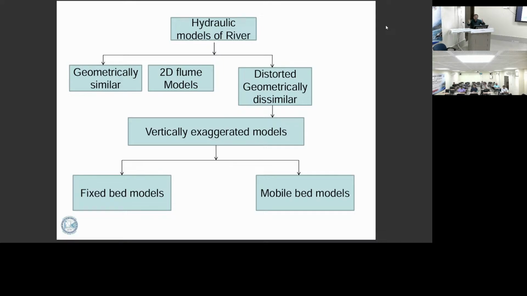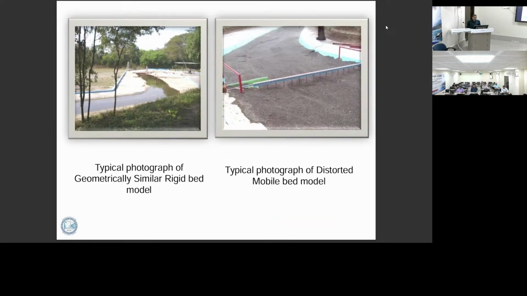And you place a pier or the base of a barrage and study a single point there, not holistically throughout the bridge. What will be the scour pattern? What is the energy dissipation of a single bay of a barrage? All these things can be studied in a 2D model. That is called a 2D flume model.